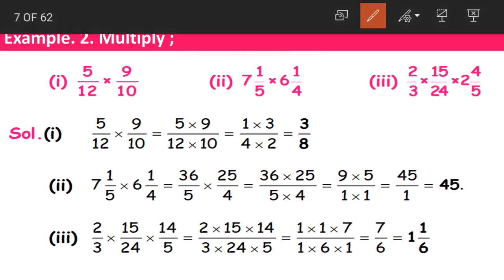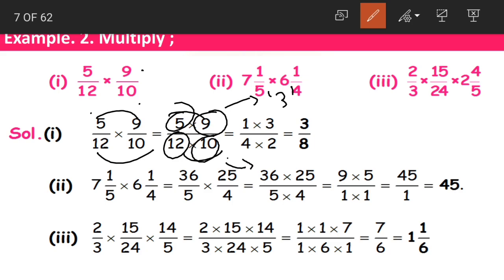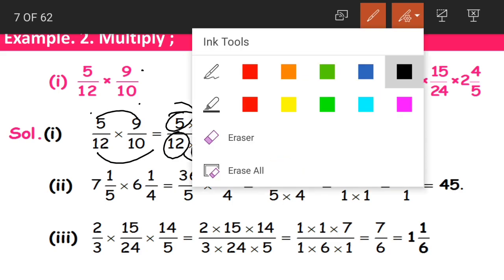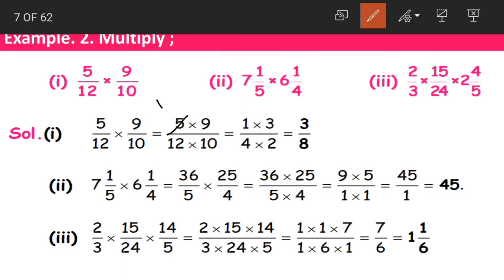See, 5 by 12 into 9 by 10. How do we do that? 5 into 9 divided by 12 into 10. Again here 9 and 12 are divisible by the number 3. 5 and 10 are divisible by the number 5. Yes, they both have common factors. Now how to cancel? 5 1s are 5, 5 2s are 10.